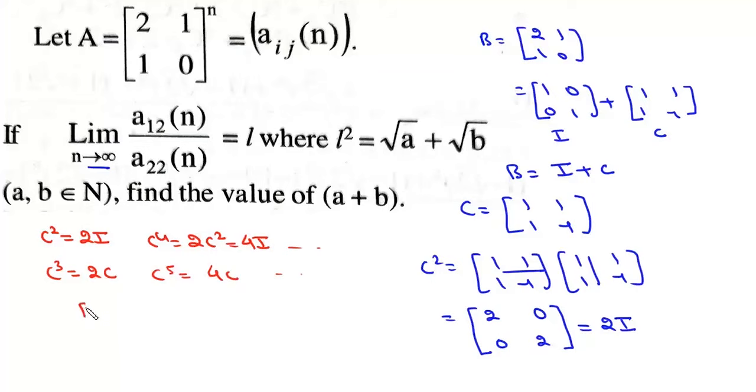Now we have assumed this B is I plus C. Now we take nth power of B, then it will be (I plus C) to the power n.